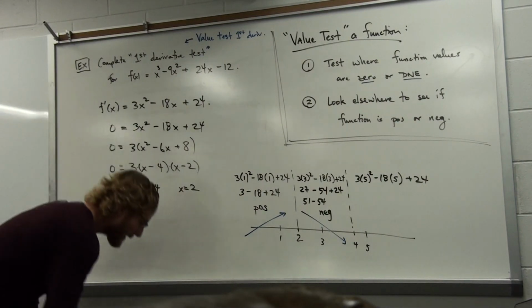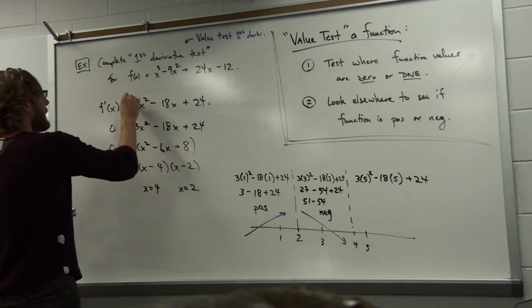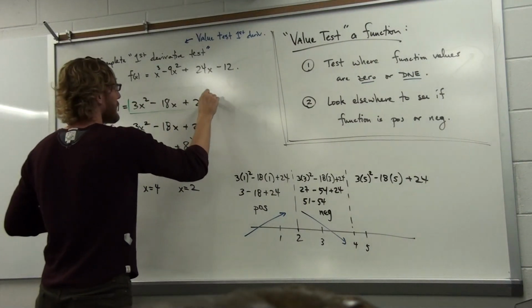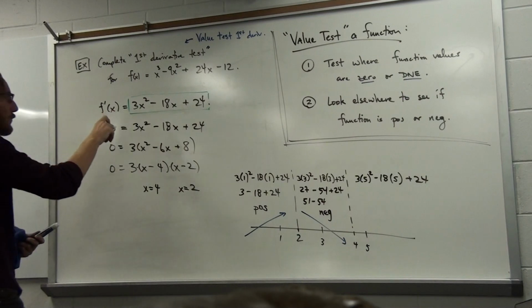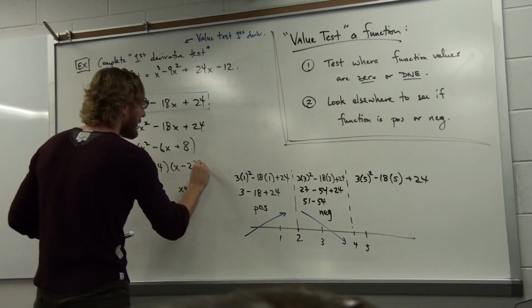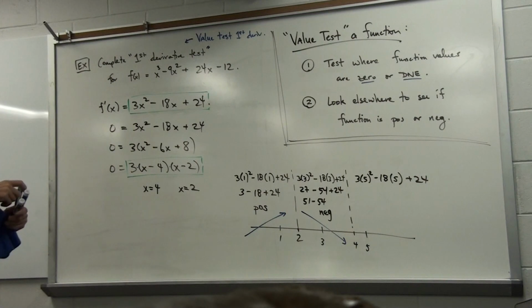We had our original expression of our first derivative as 3x squared minus 18x plus 24. But as we started working this expression, we found out that it boiled down to a product of 3 times x minus 4 times x minus 2.